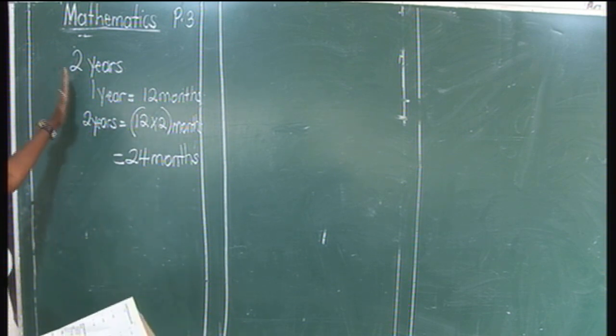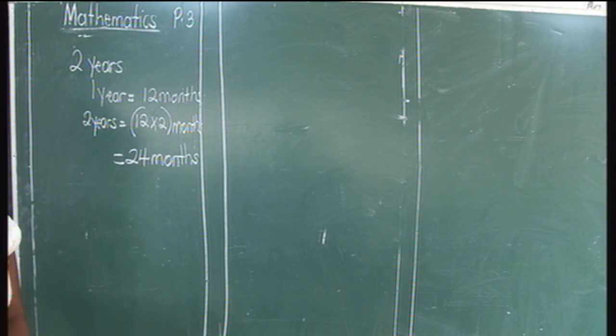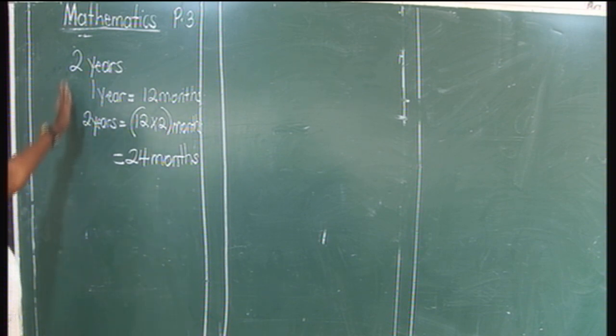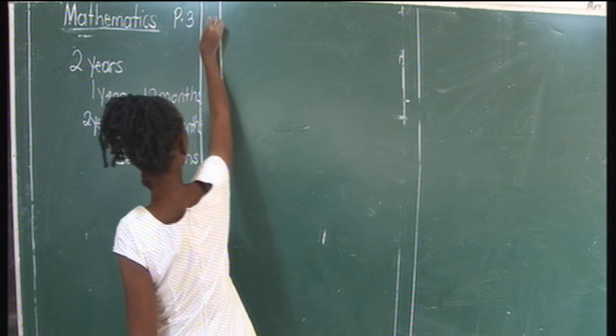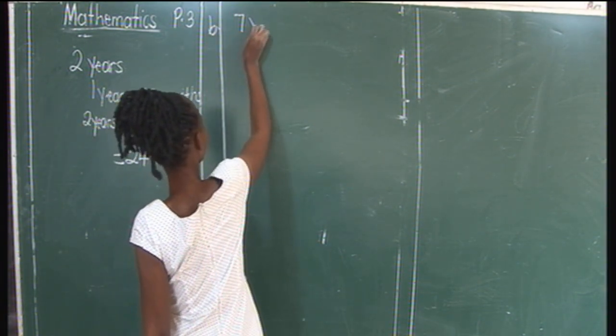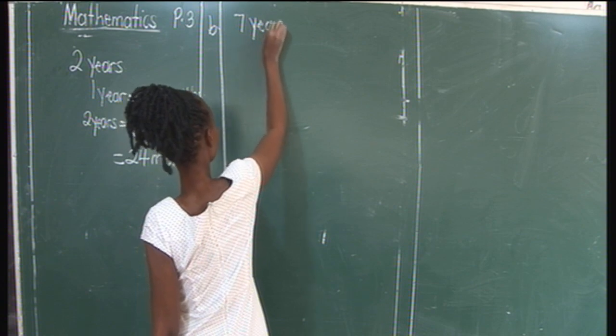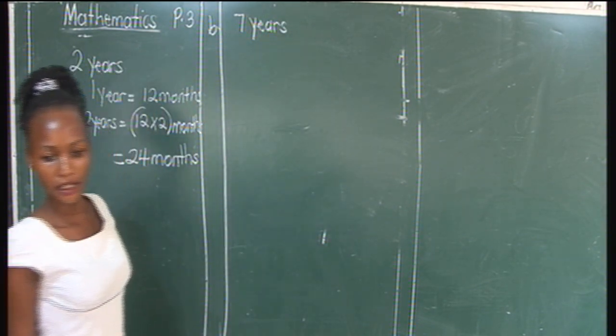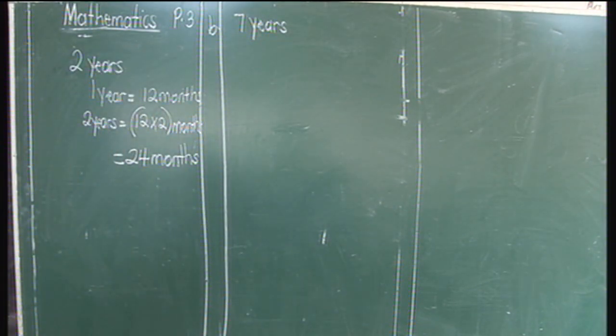Okay, part A, this is the answer. The answer which you showed on the other side, that is the very answer there. Finish it, then we go to part B.